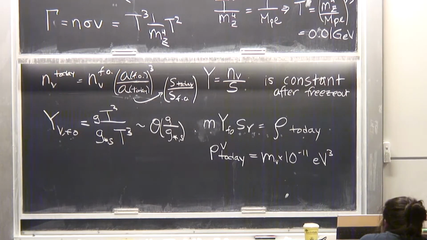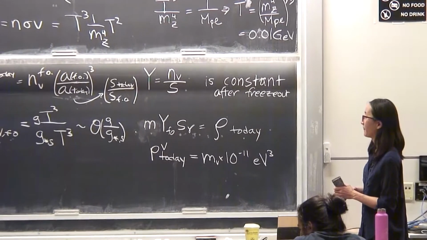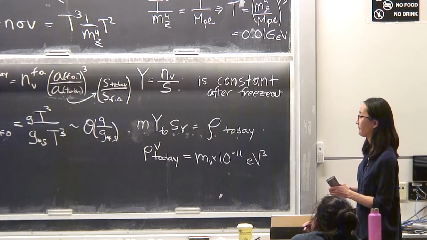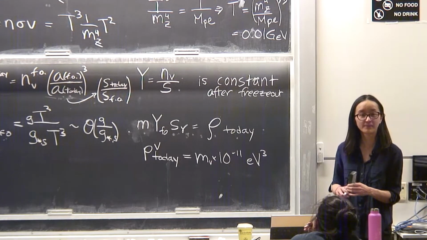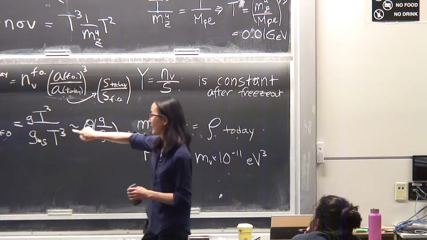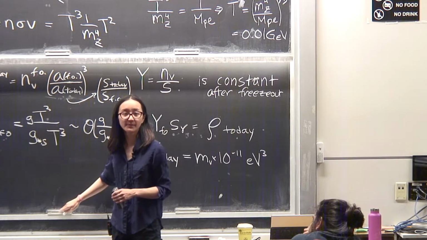At the time of freeze-out, the neutrinos were relativistic, so I used the number density as T cubed.